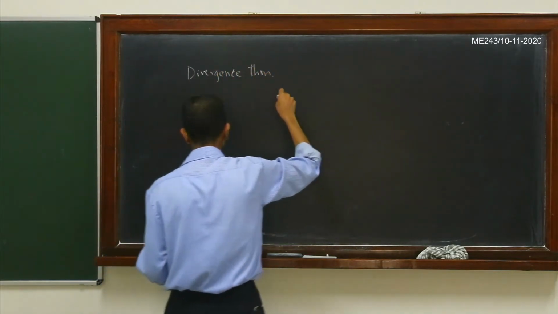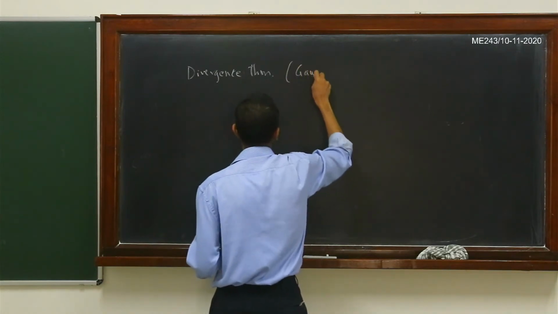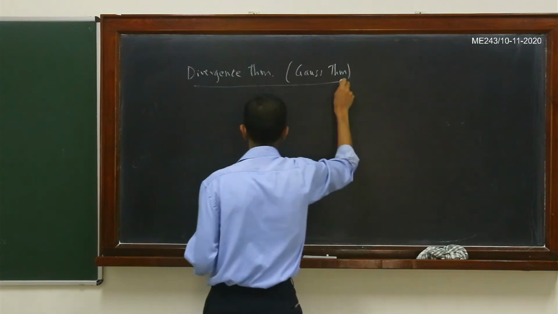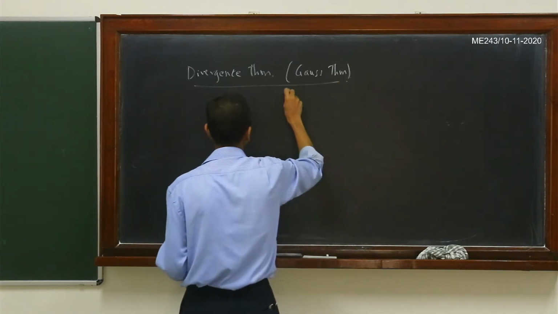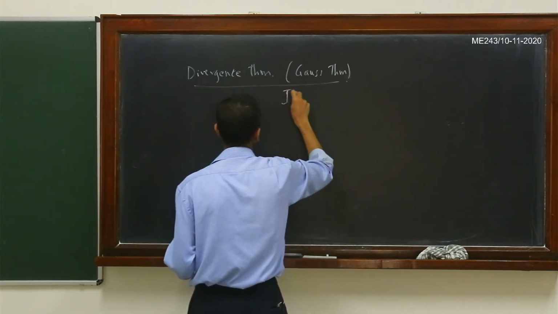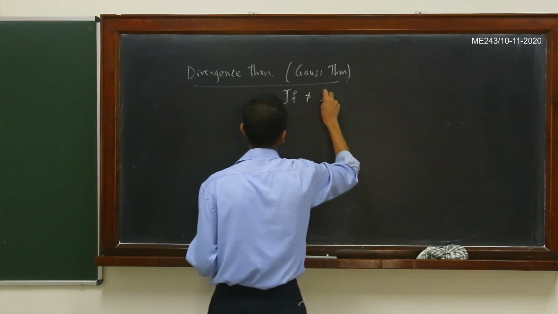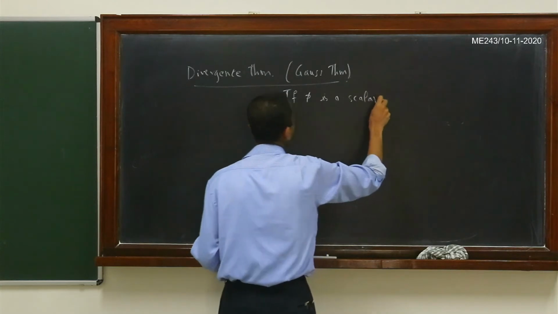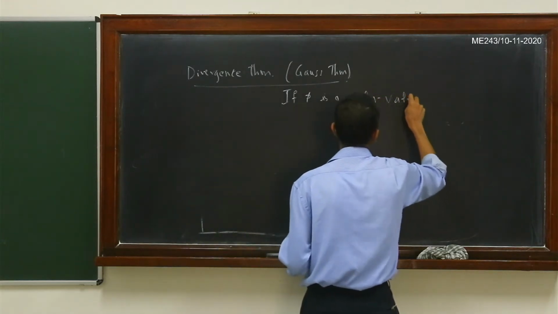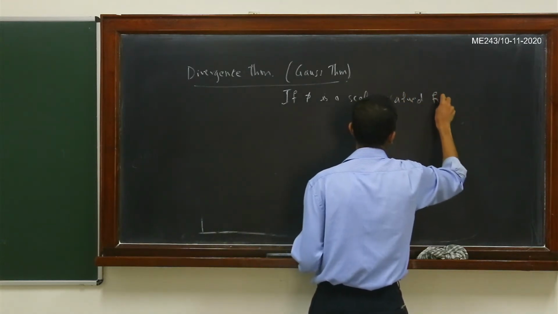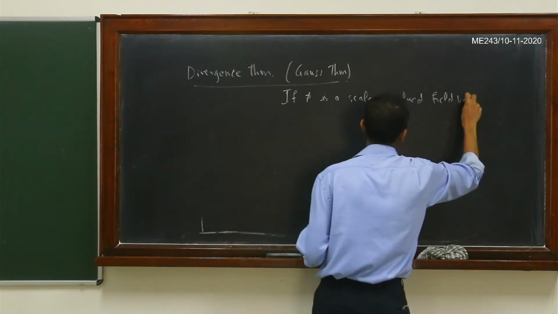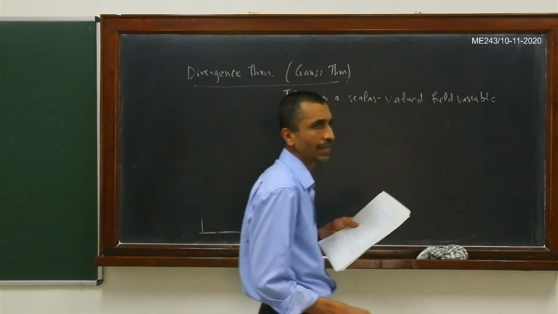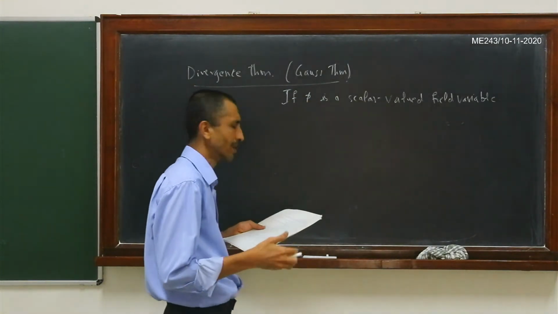also known as the Gauss theorem. So here, if phi is a scalar valued field variable. So you can think of phi as, let's say, the temperature or the density or something like that.